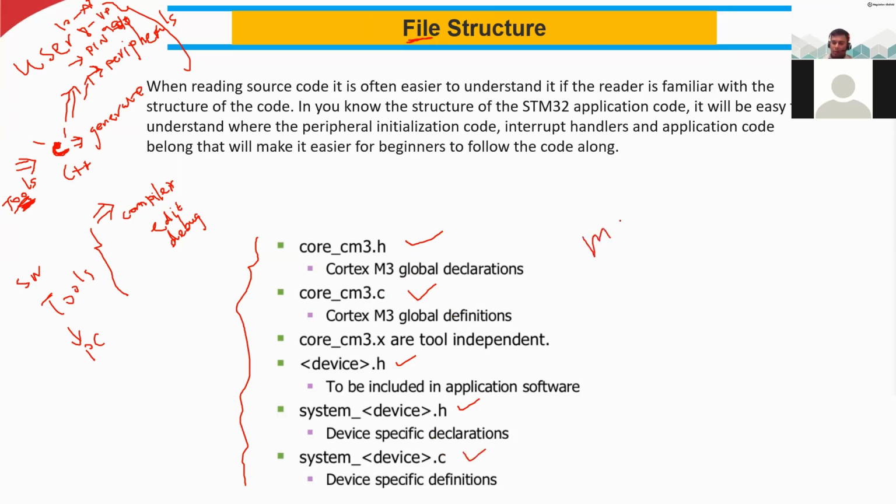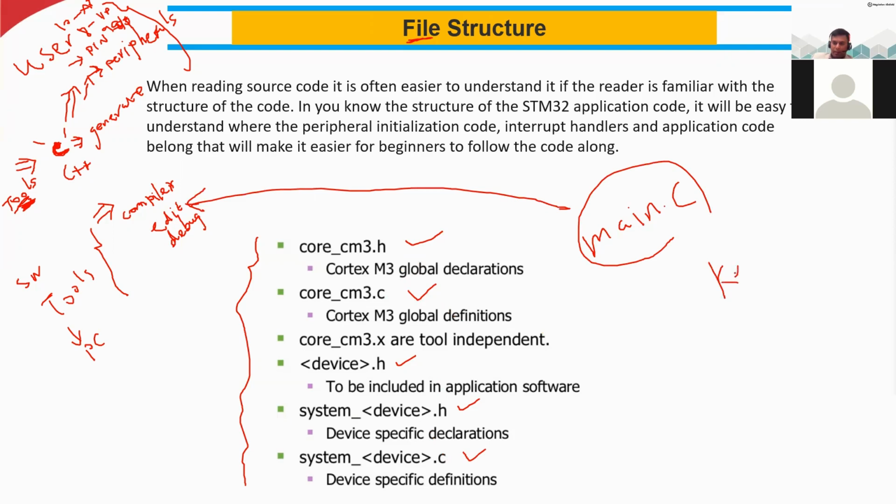You just open, for example, main.c in the compiler. Any compiler you can use, as I said, maybe we can use Keil uVision.